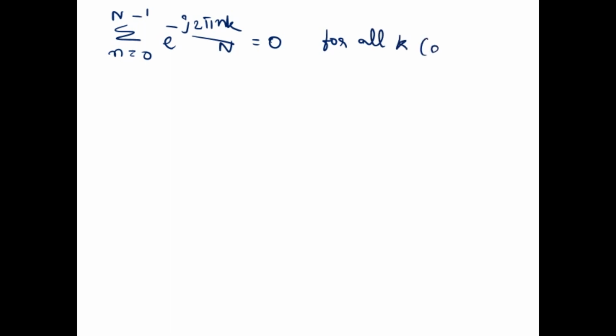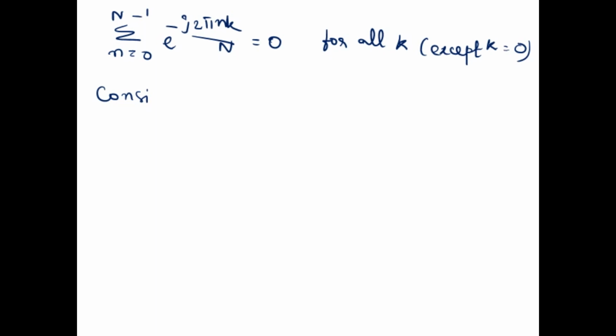Then summation n is equal to 0 to N minus 1 e power minus j 2 pi nk by N is equal to 0 for all k except k is equal to 0.